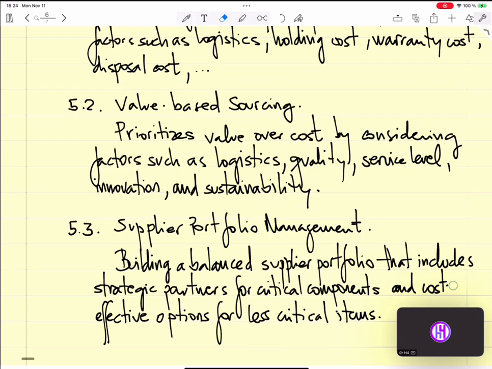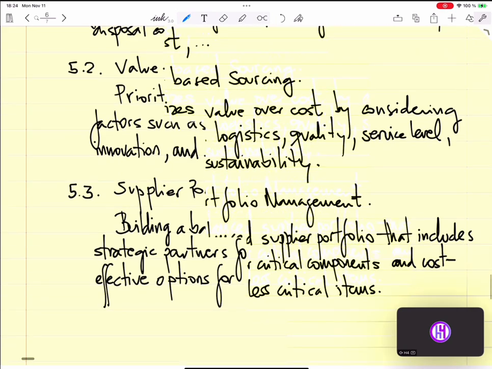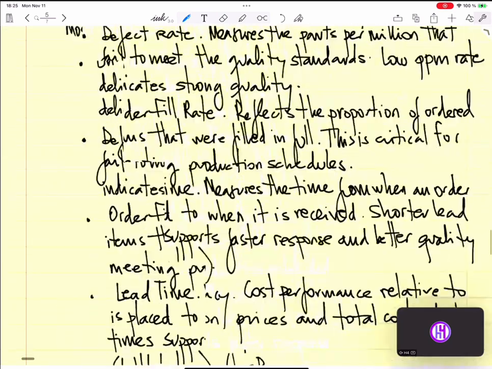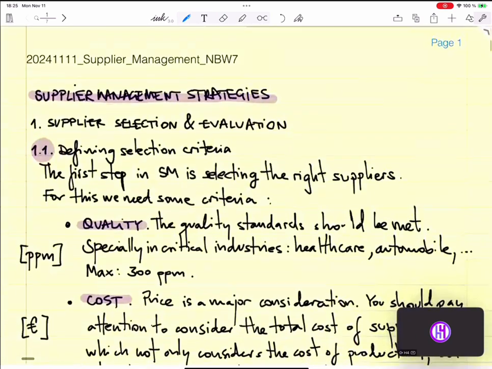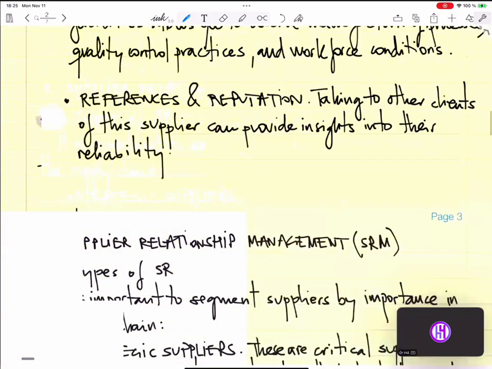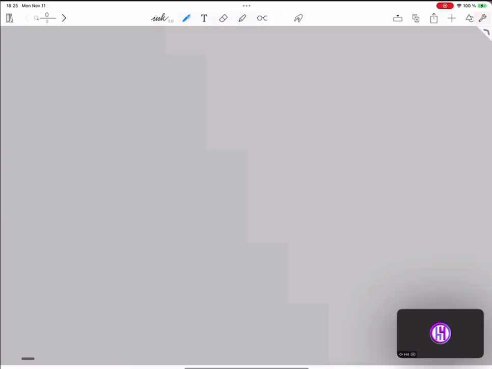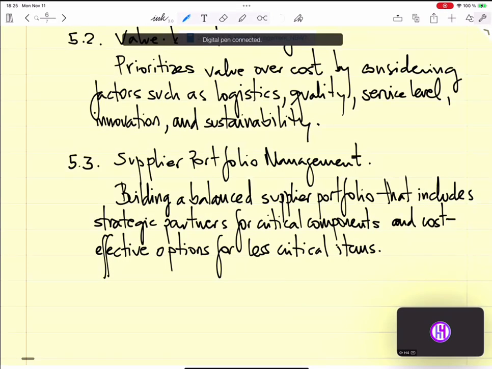So any questions on this point 5? Yeah, you create a portfolio management based on all the concepts we've seen before. And you make a list and you say, okay, these guys I'm going to be managing by cost.